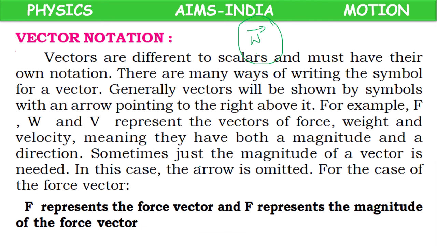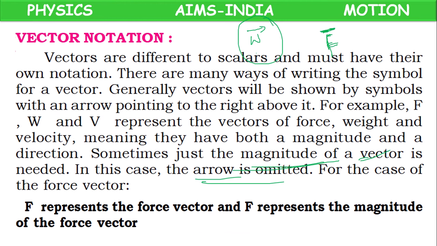Suppose we need only the magnitude of the vector but not the direction. Then only the line is enough. There is no need for the arrow mark, because there is no need to specify the direction.